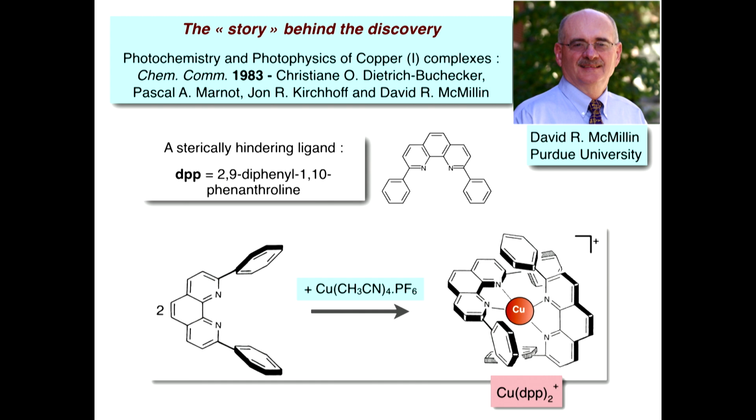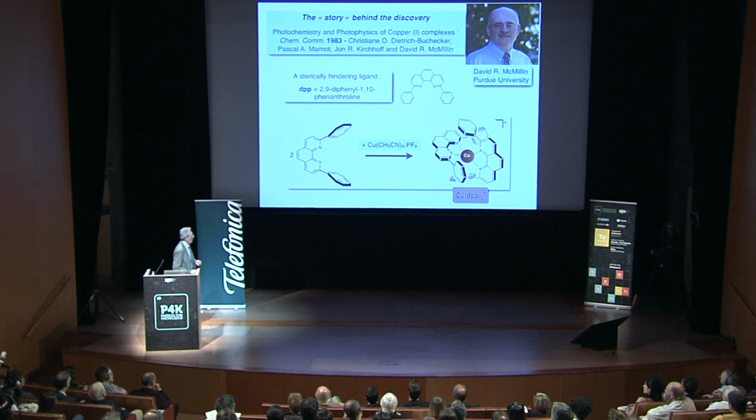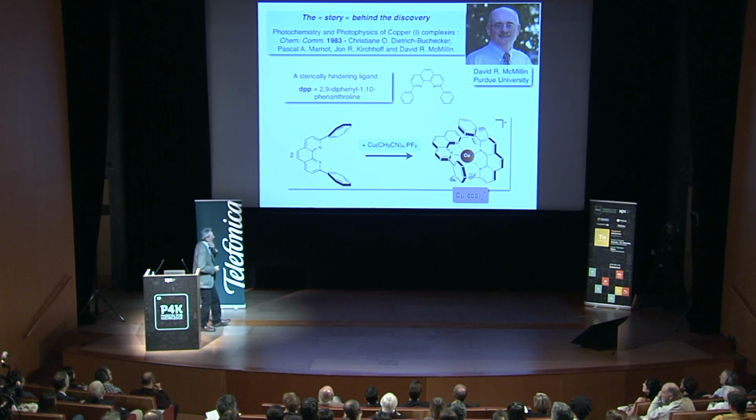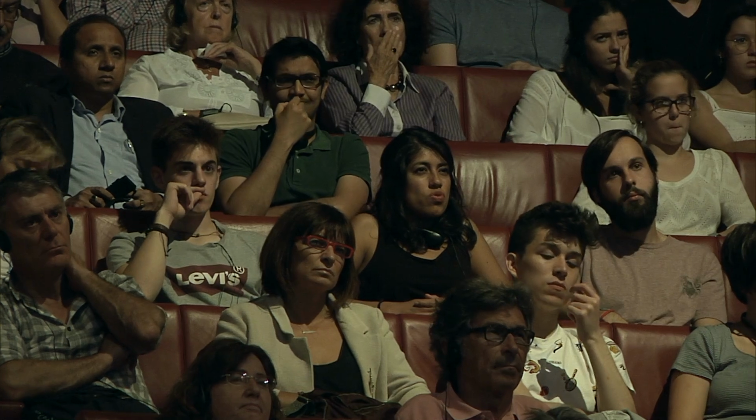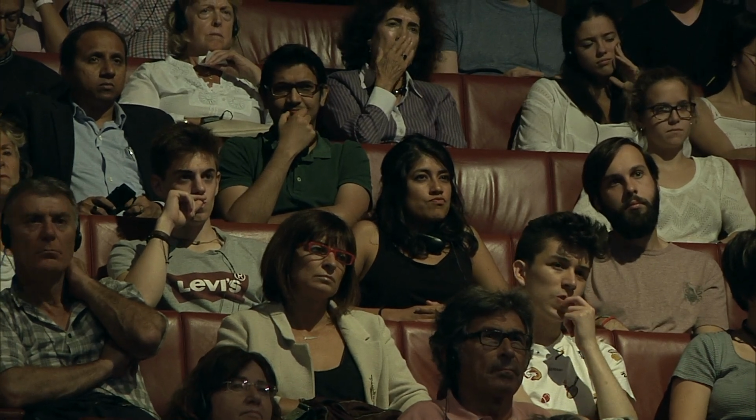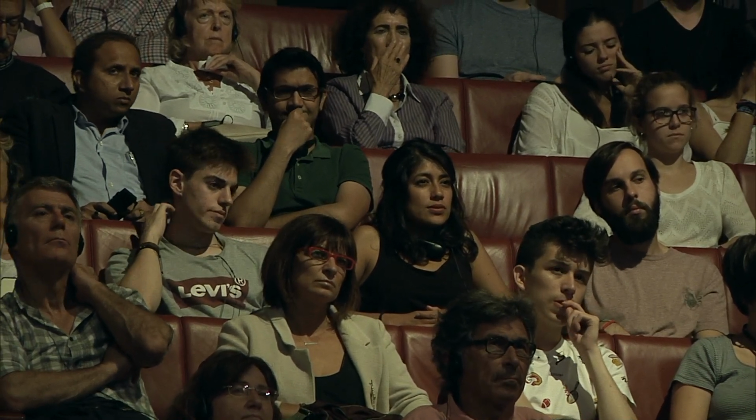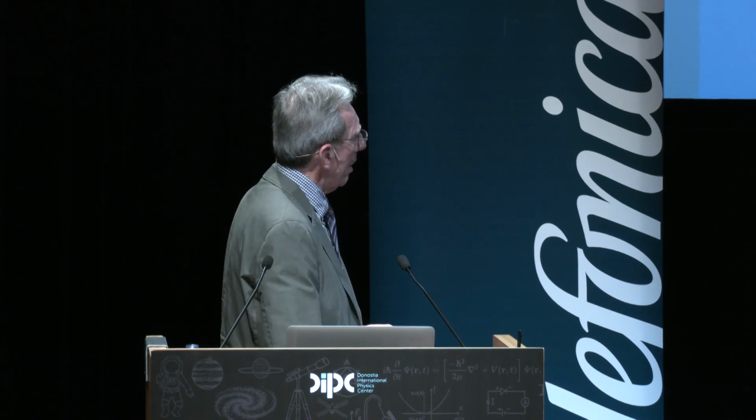This is an organic fragment. This molecule was quite interesting in relation to water splitting, but it had another property. We did this work mostly in collaboration with a good friend, Dave McMillin, at Purdue University in Indiana.